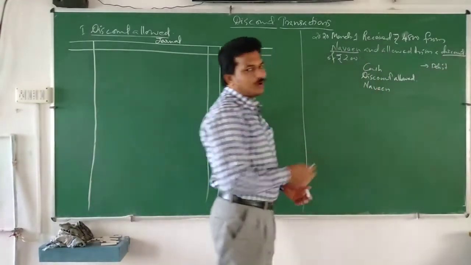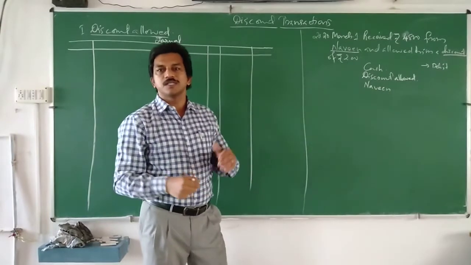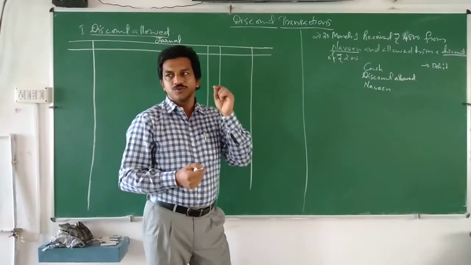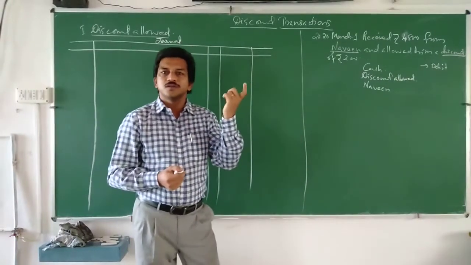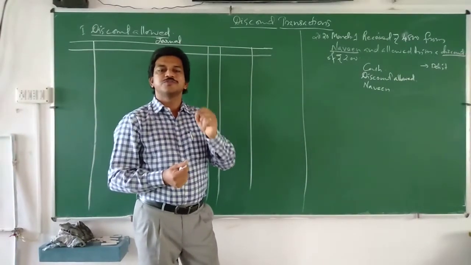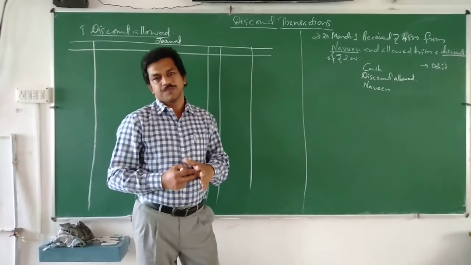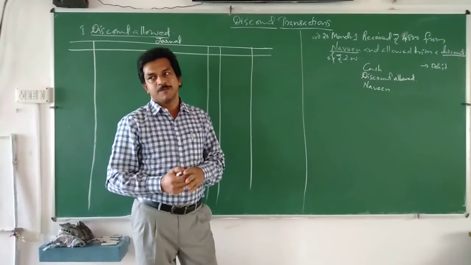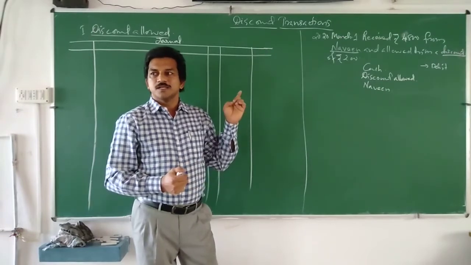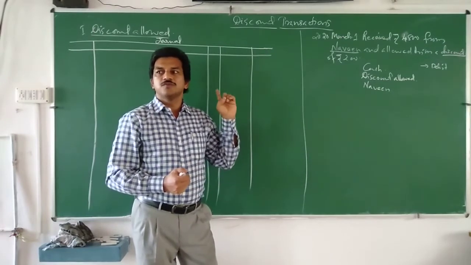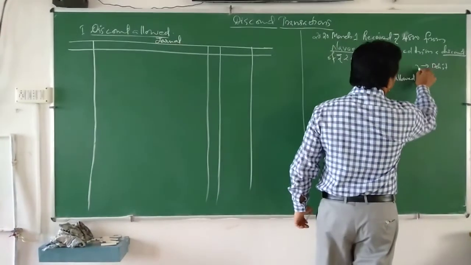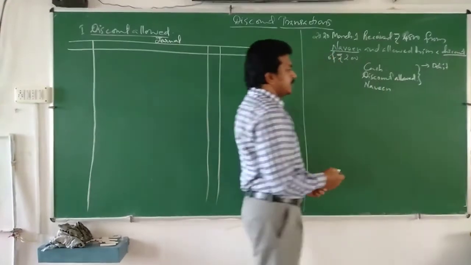Then discount allowed is an expense. We have to go through the nominal account rule: debit all expenses and losses, credit all incomes and gains. So discount allowed is an expense, we have to debit it. So both can be debited.